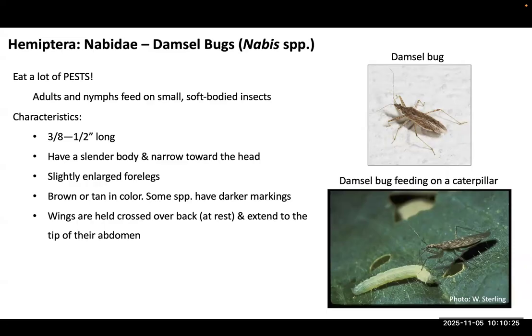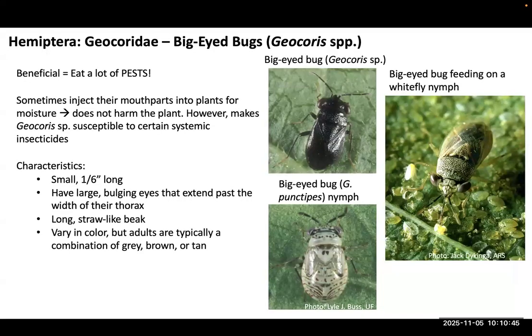They're not this big, they're pretty small. They're about 3/8 of an inch long, but they have these wings that extend past the tip of their abdomen. They're pretty skinny looking and kind of drab in their color, but they got strong forelegs for catching their prey. And then we have big-eyed bugs. So these guys aren't really this big.